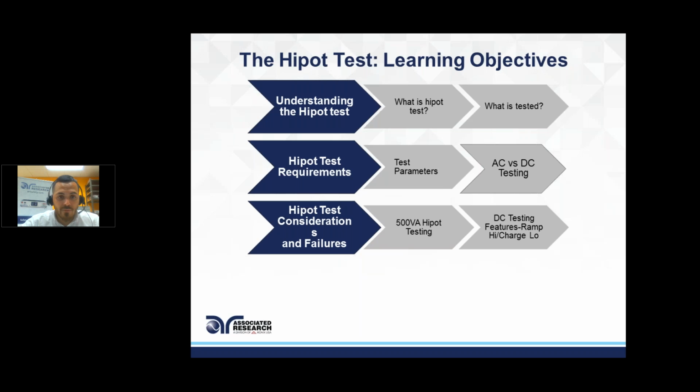And how do I go back and forth from one to the other if I need to? A lot of standards will say, you know, if you cannot pass your AC one, you can do it in DC. Why? We'll get into the 500 VA Hipot testing. So a lot of standards will call out that your Hipot tester at least have that type of power rating. And then we will get into some specific Associated Research features for DC testing.